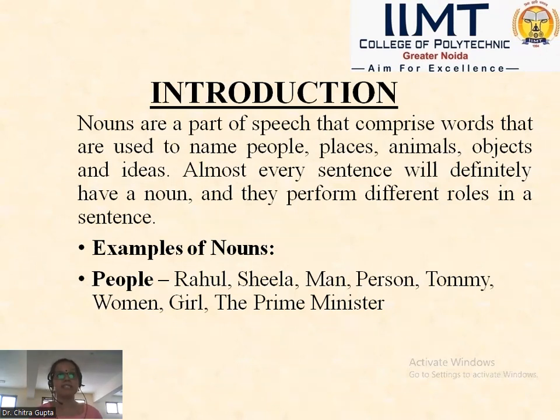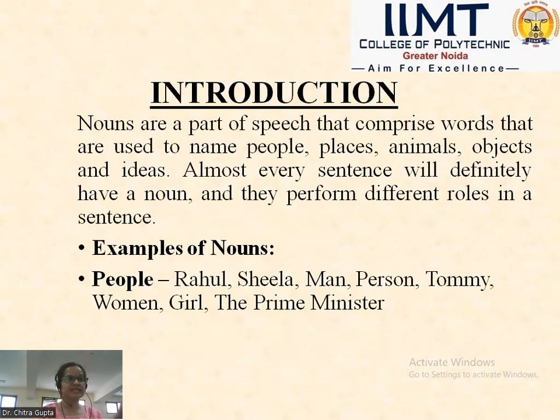It's the first part of speech, used to name people, places, animals, objects, ideas, opinions, etc. In the English language, almost every sentence definitely has a noun, as nouns perform different roles in a sentence.